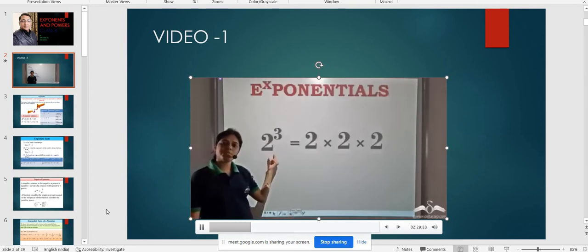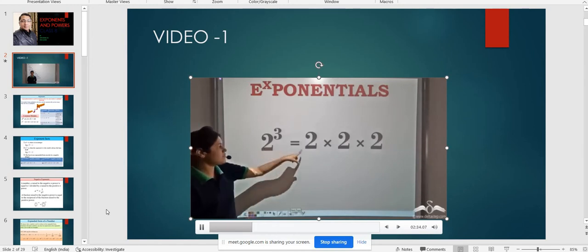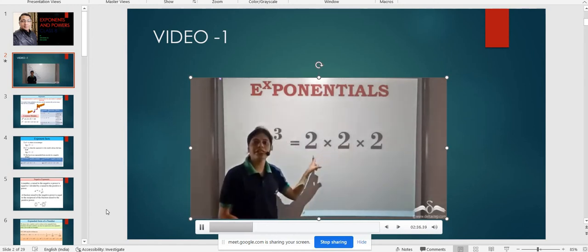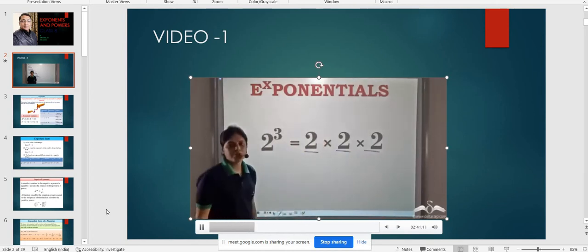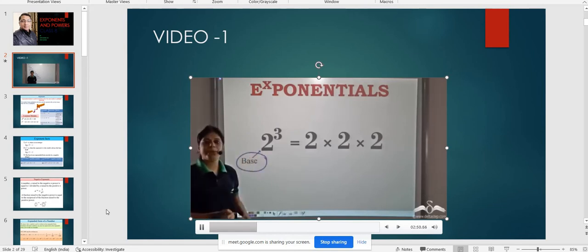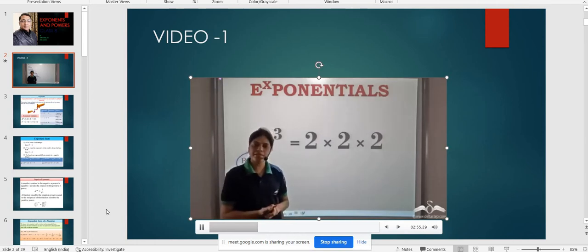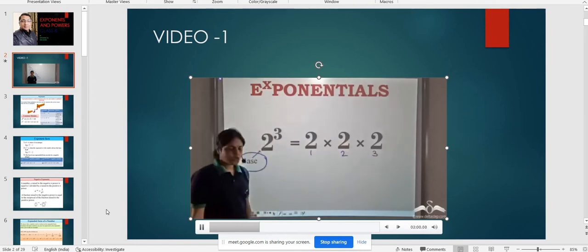So this is an exponential number. Now, in this case, we see that the number being multiplied is 2. So this number, which is being multiplied with itself, is called base. So 2 is the base here. And how many times is 2 being multiplied? 1, 2, 3. 2 is being multiplied 3 times.